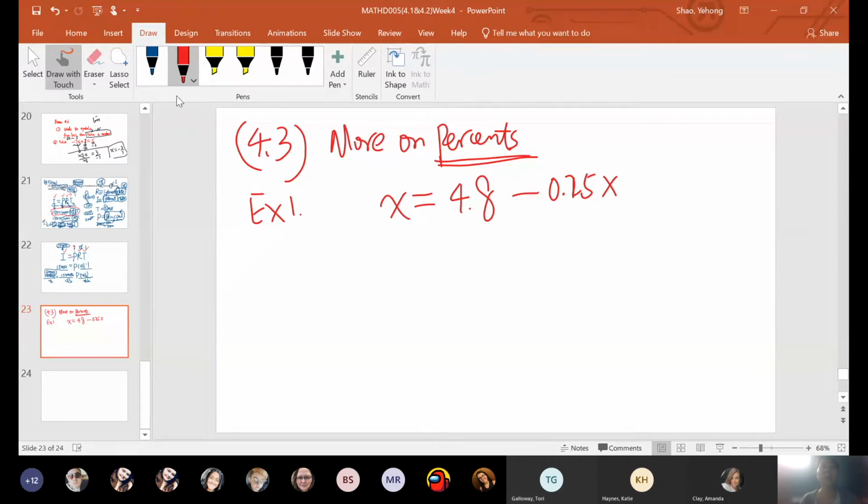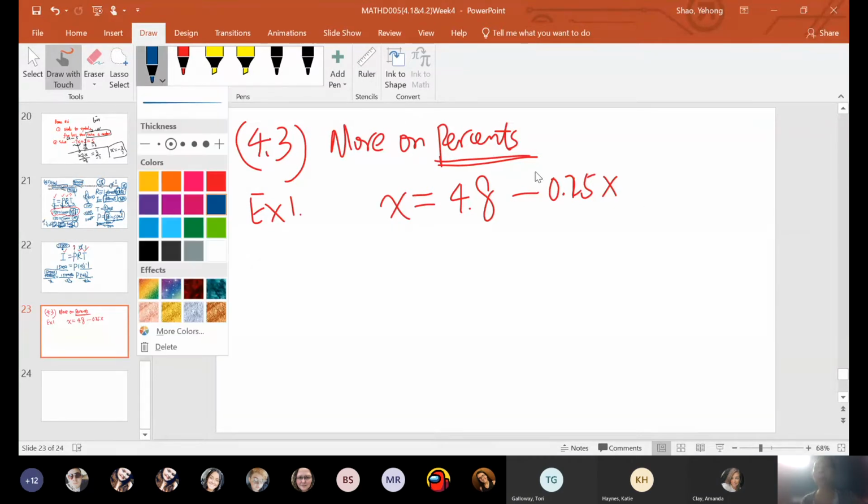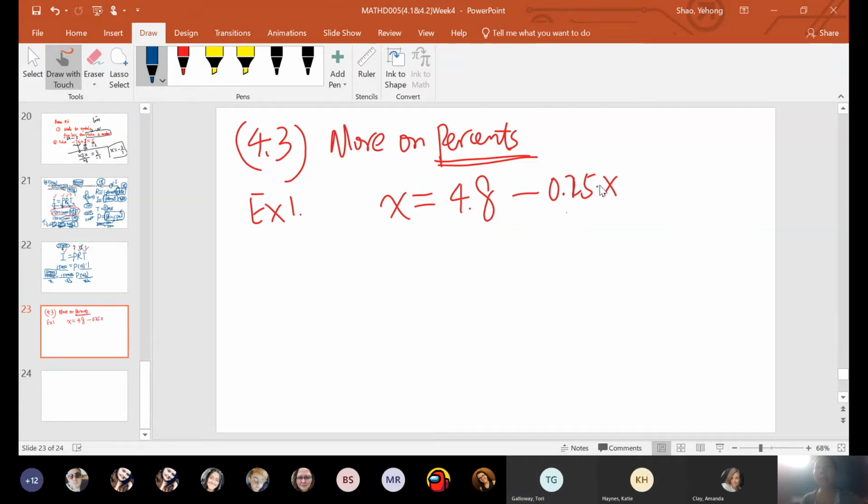I think you're saying divide because you're thinking there's a multiplication here. But we're not trying to get rid of 0.25, we're trying to get rid of 0.25x, the entire thing. In front of it, it's minus, so the opposite of minus will be plus. That's right.